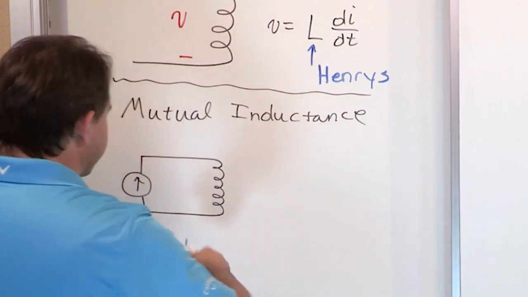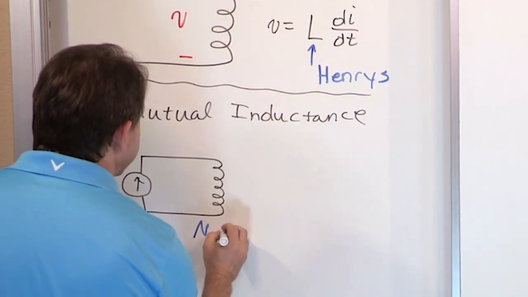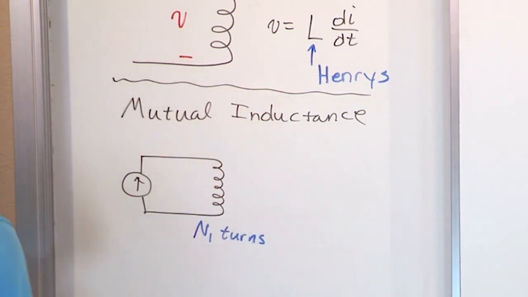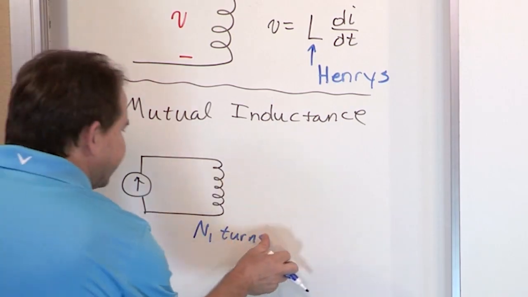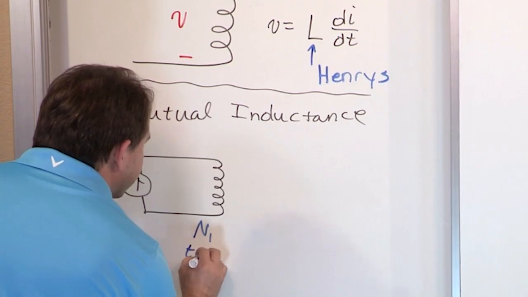Now, this inductor, this number one inductor here, has N1 turns. We call it N1 because I'm going to draw another inductor in a second that'll have a different number of turns. So, to give me some room in the drawing, let me write it like this: N1 turns.